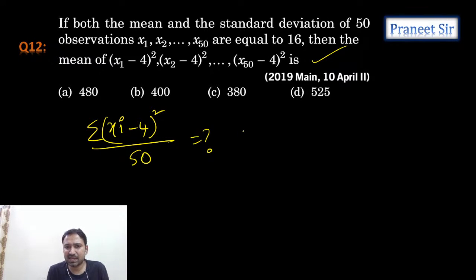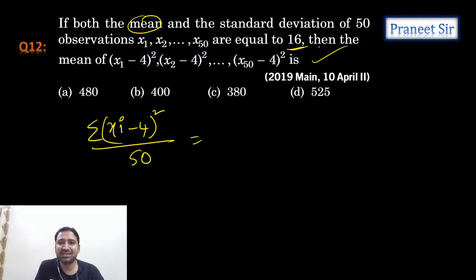But this is nothing but the variance of, why? Because here the mean is given as 16, guys. The mean is not 4. If the mean were 4, then it would be easy.